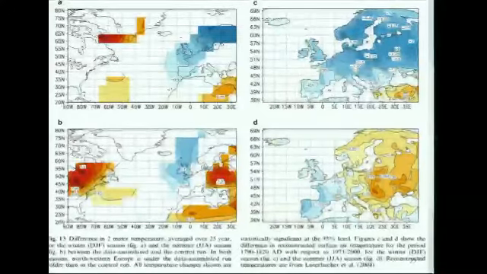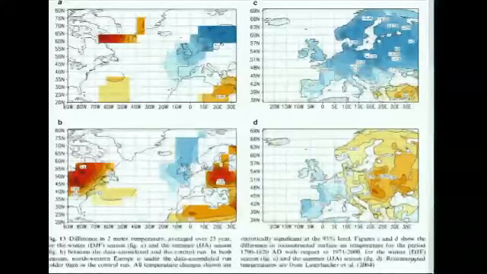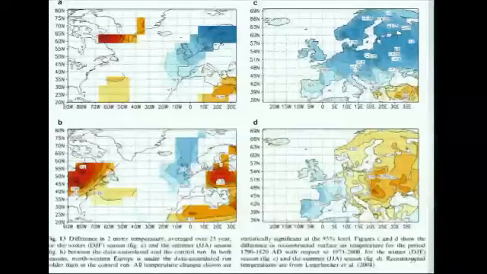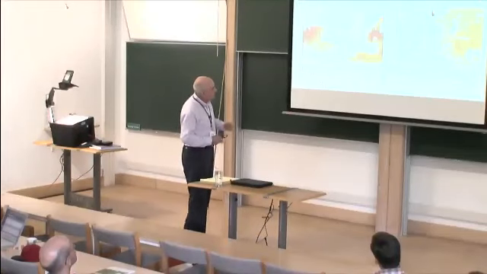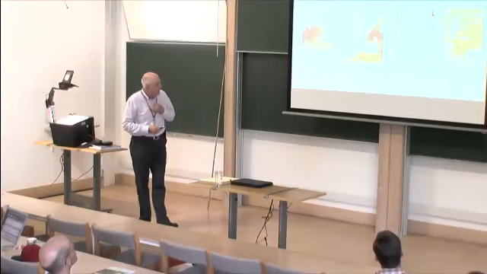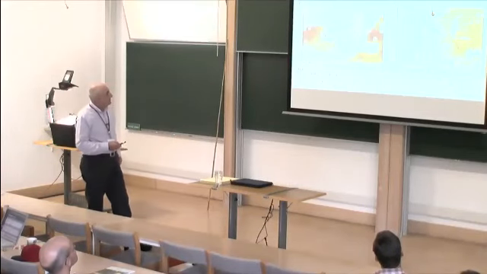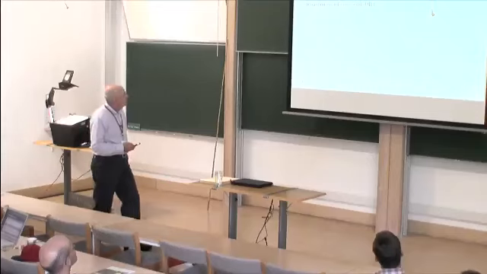You see this is the grid size here, reflecting the EC-Earth Clio grid size. That's why these grid boxes are rather large. But you can see that it predicts a colder Western Europe and a warmer North America in both the winter and the summer. And you can see that that is roughly what happens in the actual reconstructed temperature record.